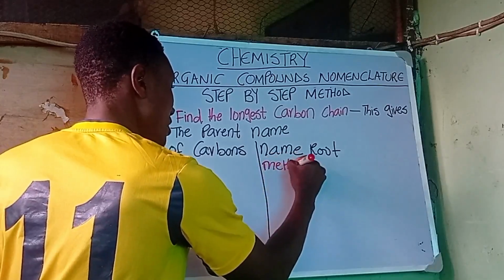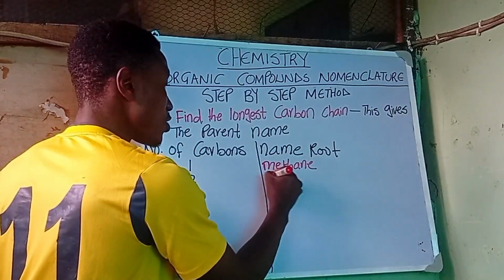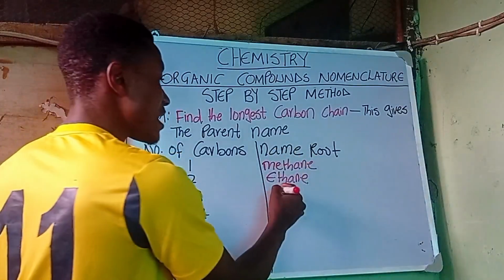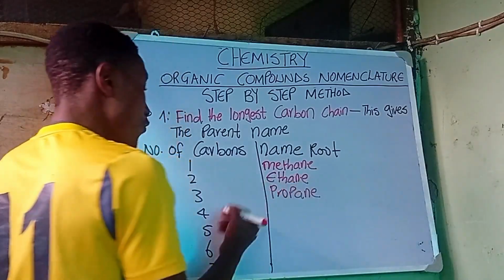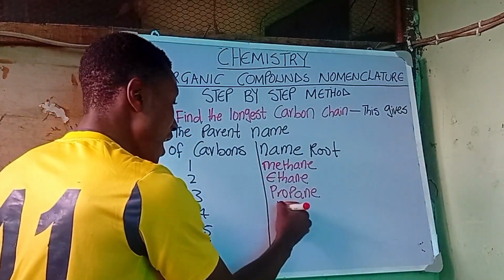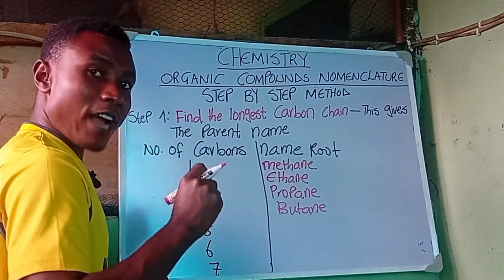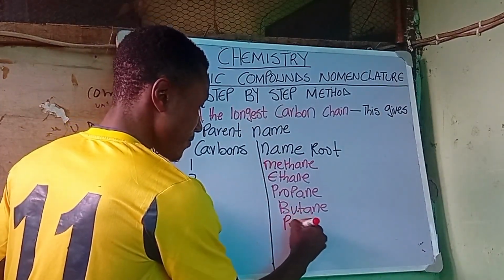When it is 2 carbons, it is known as ethane. When it is 3 carbons, it is propane. When it is 4 carbons, it is butane. When it is 5 carbons, it is pentane.